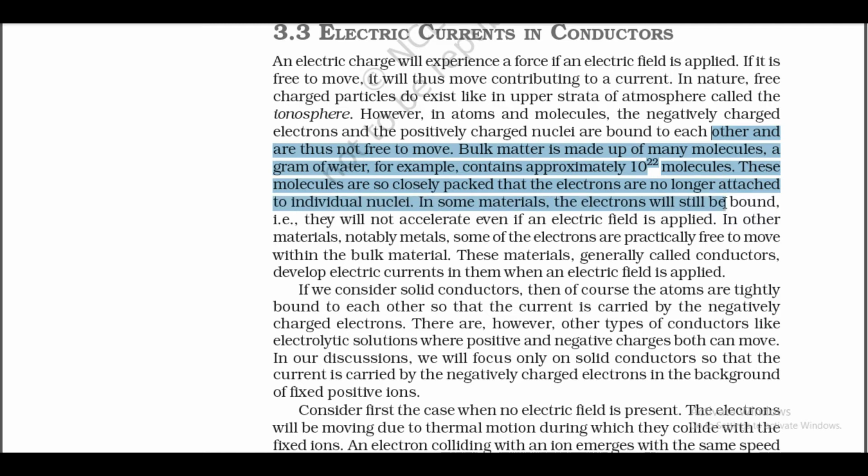In some materials, the electrons will still be bound, that is, they will not accelerate even if an electric field is applied. In other materials, notably metals, some of the electrons are partially free to move within the bulk material. These materials, generally called conductors, develop electric currents in them when an electric field is applied.